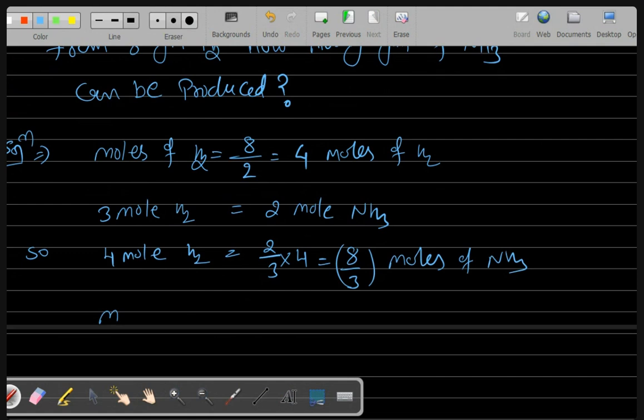And now when we want to find the grams of it, we need to find the Mr of NH3. What's N? 14. Okay, 14 plus 3 is going to be 17. 8 over 3 times 17 is equal to 136 over 3.